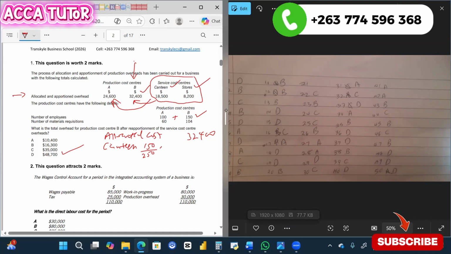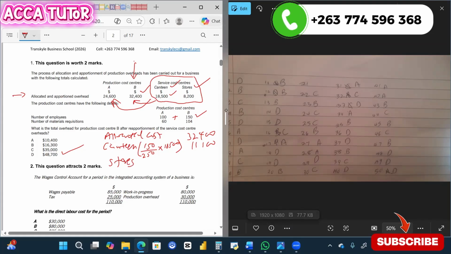Yeah. Multiplied by 18,500. And how much do we get? 11,100. Okay, put this one in brackets, and then we have to consider the ones from stores.